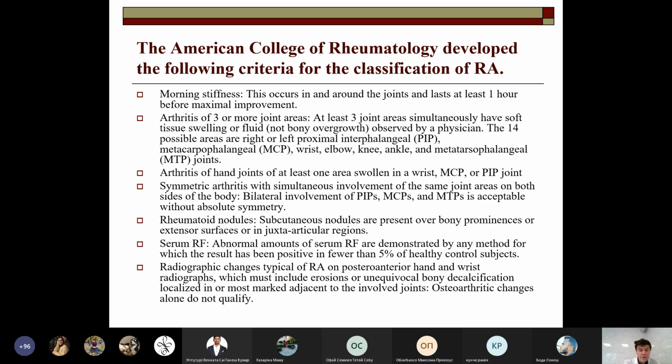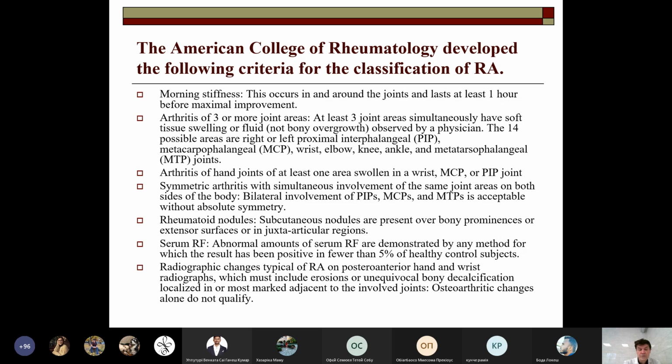So, along with symmetrical patterns in the arthritis of hand joints, with the morning stiffness pattern, rheumatoid nodules and the several rheumatoid factors are generally recommended for routine use to confirm the diagnosis.